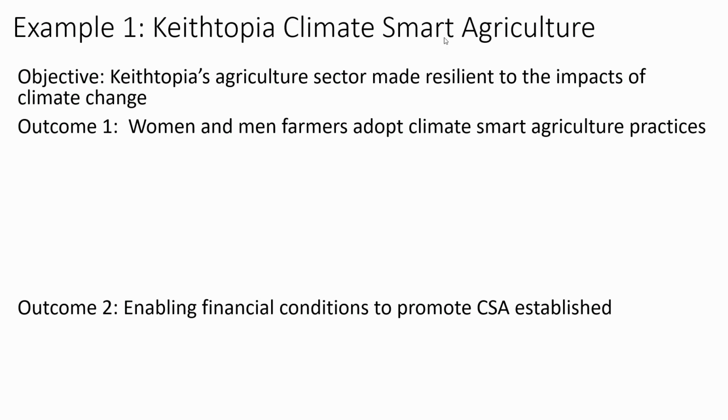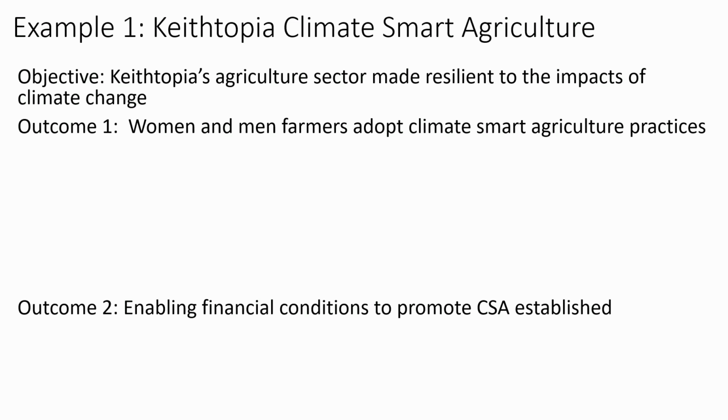So we know that we need to have our farmers adopt these climate smart agriculture practices. And another thing that we need is for our financial sector to be conducive to climate smart agriculture, so it supports climate smart agriculture. Because in our barriers analysis, we understood in our problem tree that one of the reasons that we're not adopting new techniques is because our financial sector does not support it.